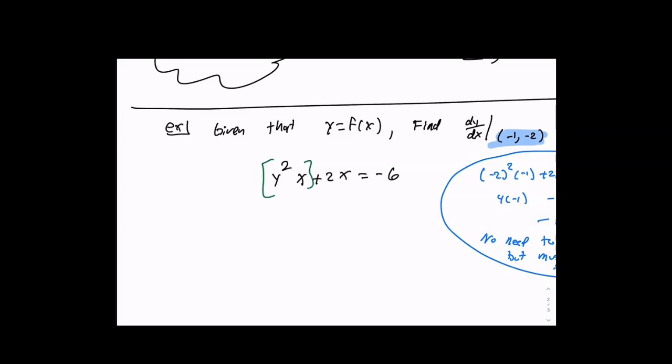So that'll be 2y times x... no, plus... wait, I mean 2y y prime, or 2y dy/dx, times x, plus 1 times y squared, and then we have to do the 2, so plus 2 equals 0. There we go.